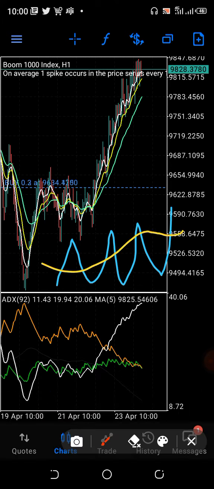Let the moving average join you to do the drama. But once the market crosses completely like this and crosses this line, you are good to go. You have seen a breakout point. That is how we'll go.